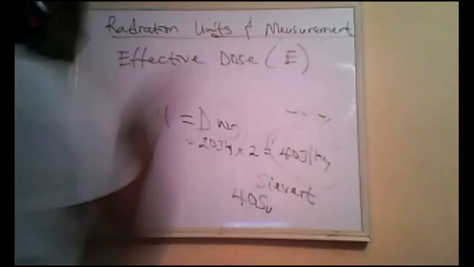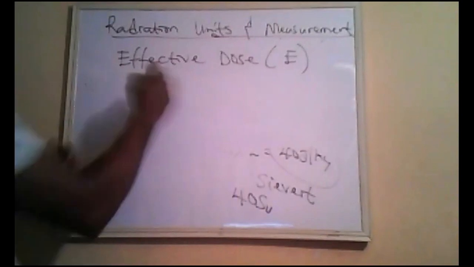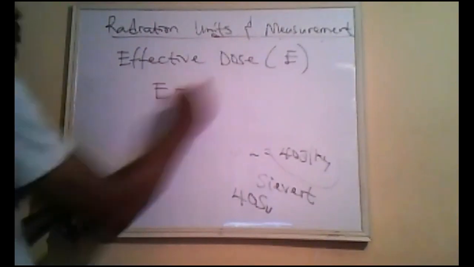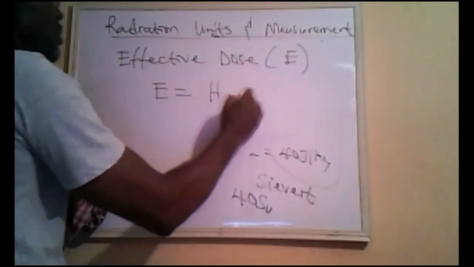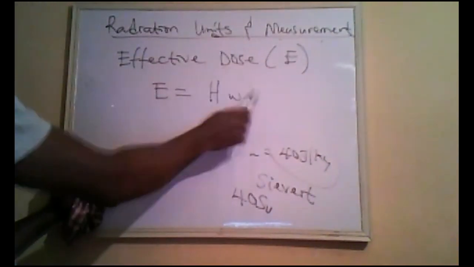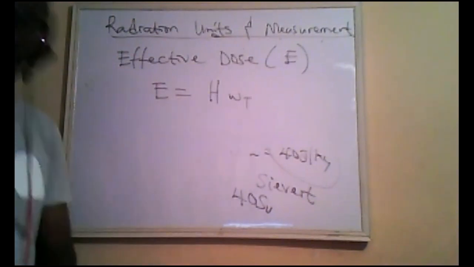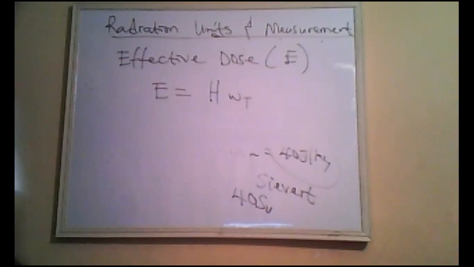is, in the simplest form, we can write E = H multiplied by WT. H is the equivalent dose, multiplied by this factor, which we call the tissue weighting factor, which is different for different tissues.